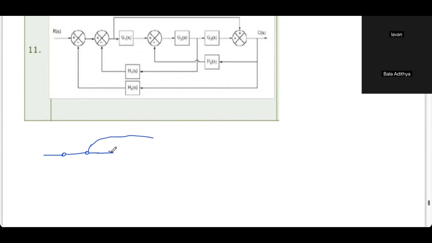Then here, this is G1. G2. Minus H1. Then G3.